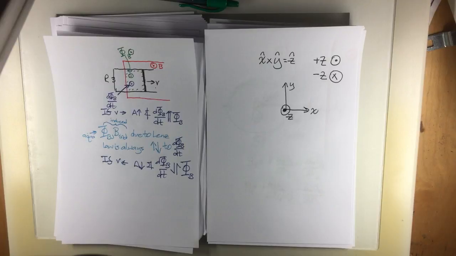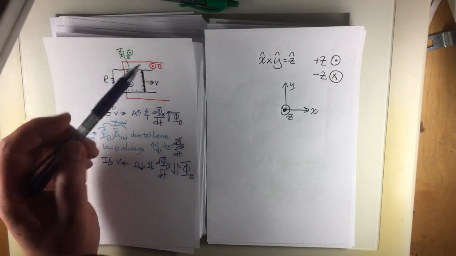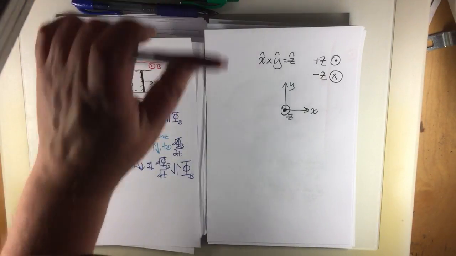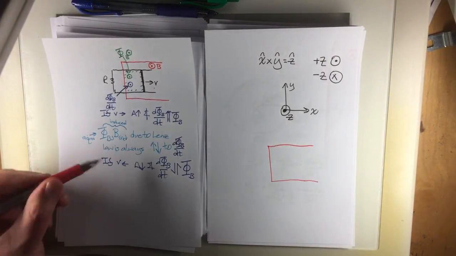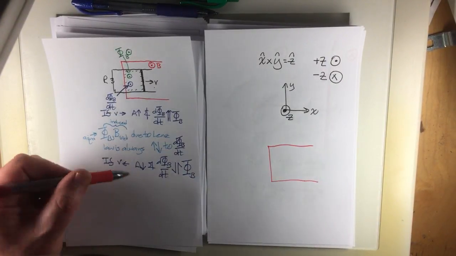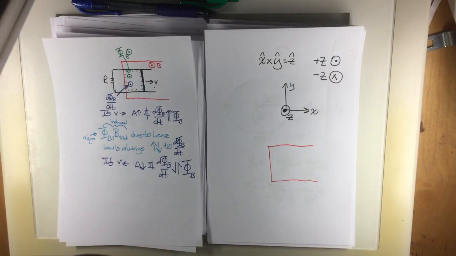Kind of like a pressure thing. If V goes to the left, let's do it the other way. If V is to the left, area decreases and d phi B dt is anti-parallel to phi B.